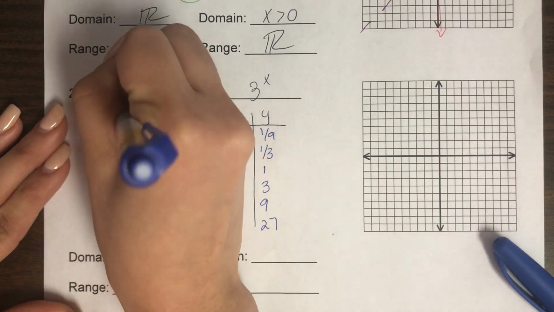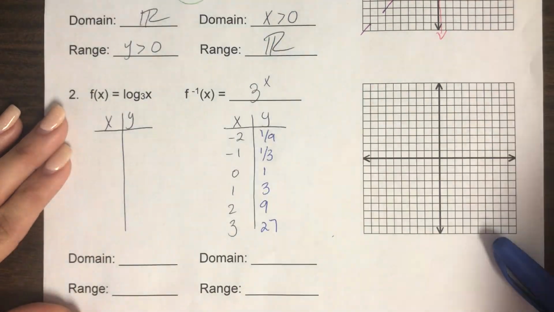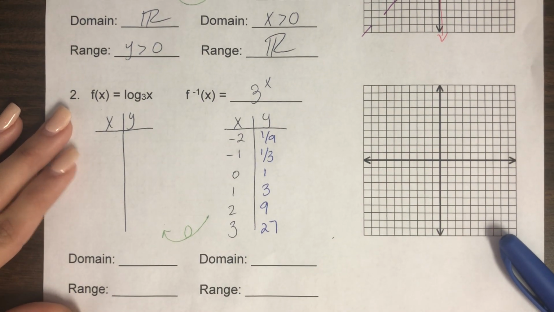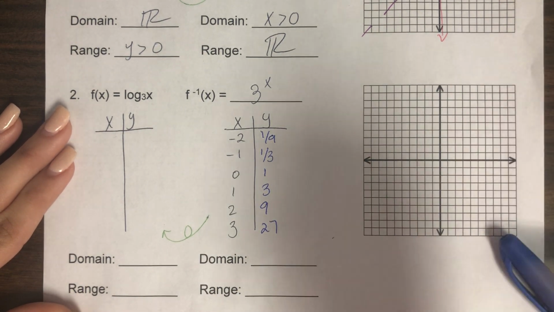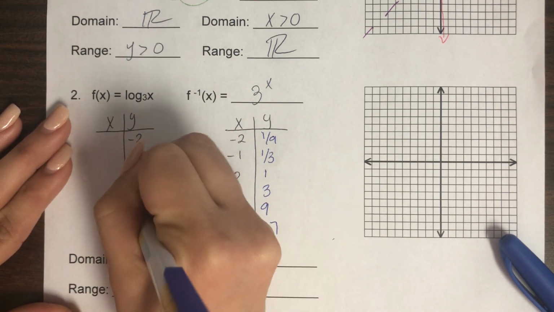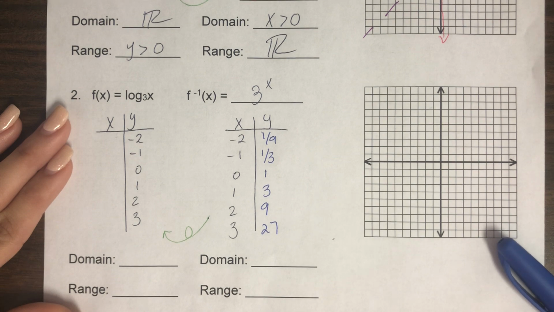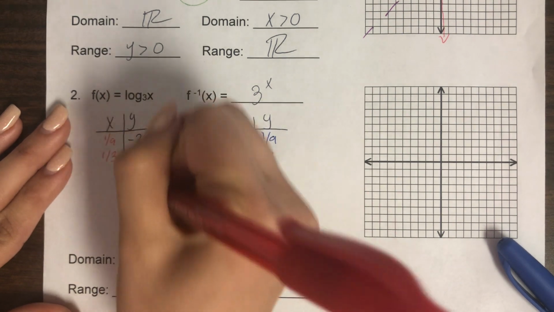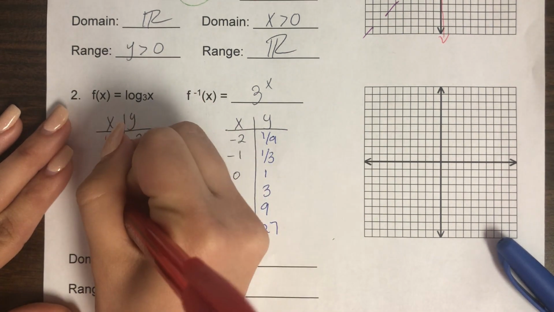So when I want to make the table for our log, all I have to do is flip my x's and y's. My x's are now going to be y's, and my y's are now going to be my x's. So I can just plug that in really quickly.